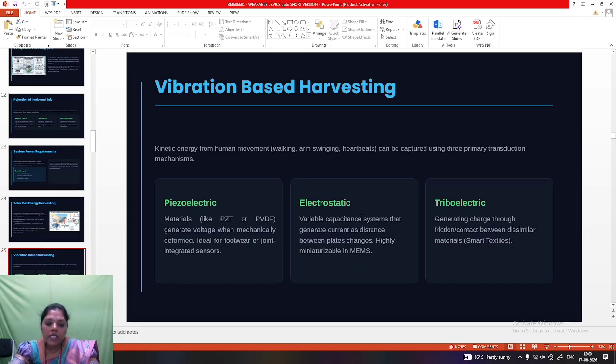Piezoelectric means material generates voltage when mechanically deformed, ideal for footwear or joint integrated sensors. Electrostatic is a variable capacitance system that generates current as distance between plates changes, highly miniaturizable in MEMS. Triboelectric means generating charge through frictional contact between dissimilar materials.